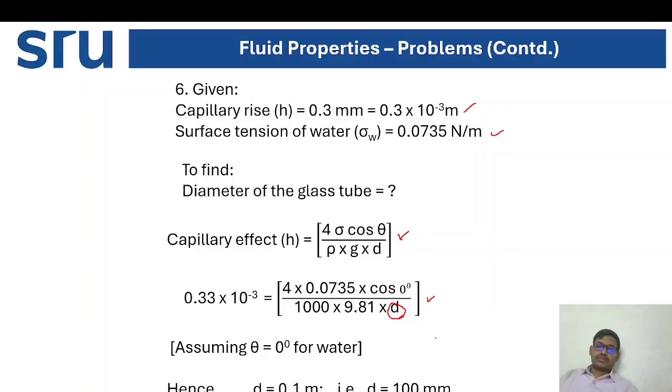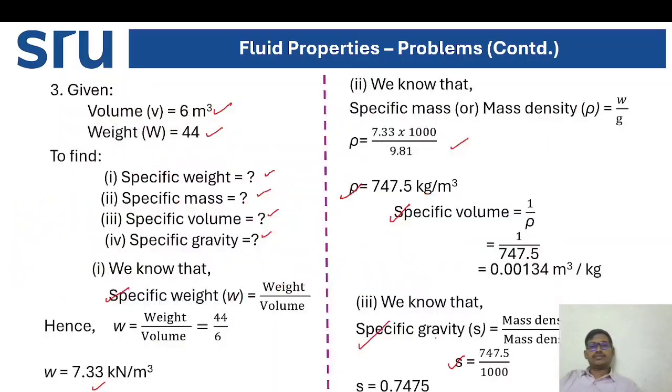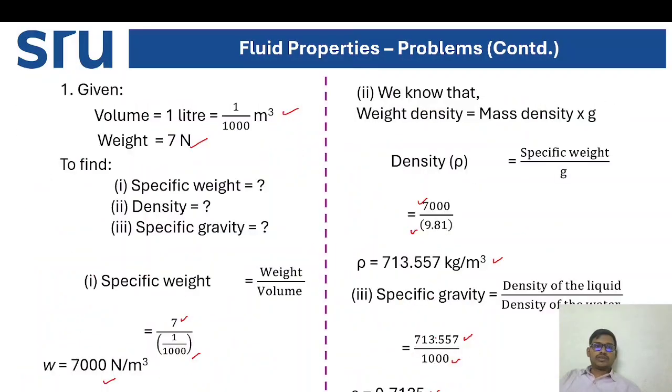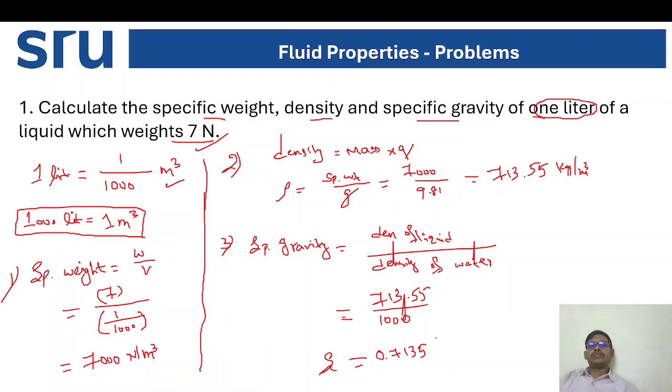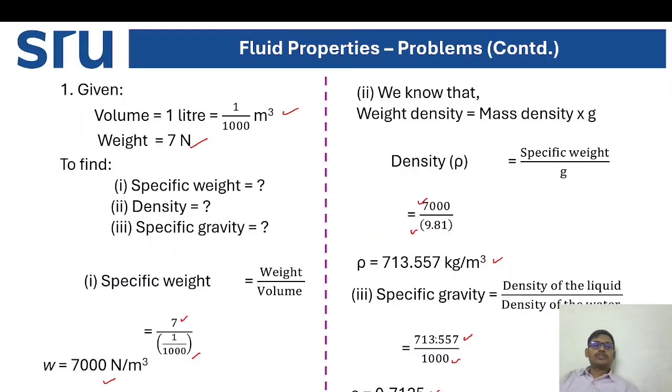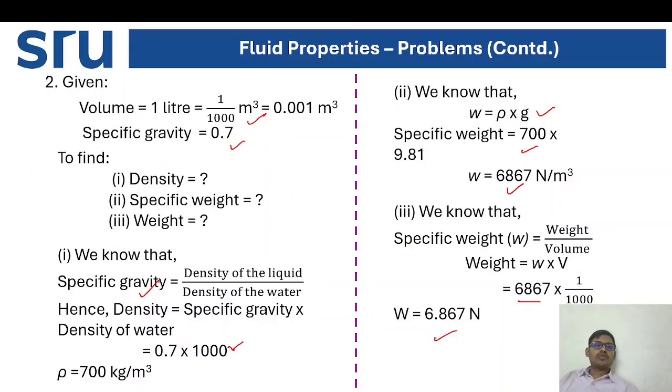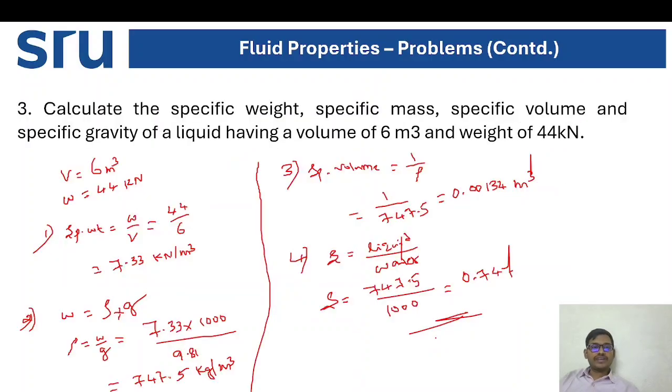So this way, now you can revise it. Initially the first problem, specific weight, density and specific gravity. With respect to the given data, volume and weight, we have calculated it. And the second one, with respect to volume and specific gravity, instead of weight, we have calculated density, specific weight and weights.